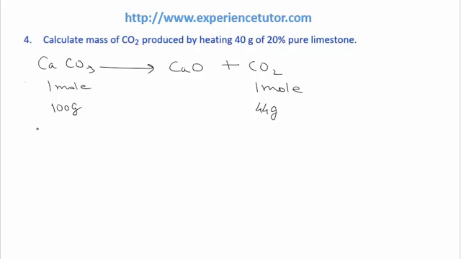Now we can write pure CaCO3 is equal to 40 into 20 upon 100, which is equal to 8 gram.